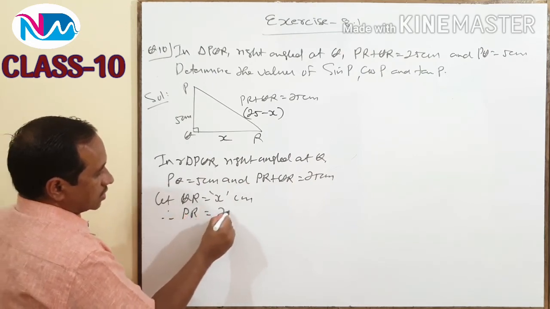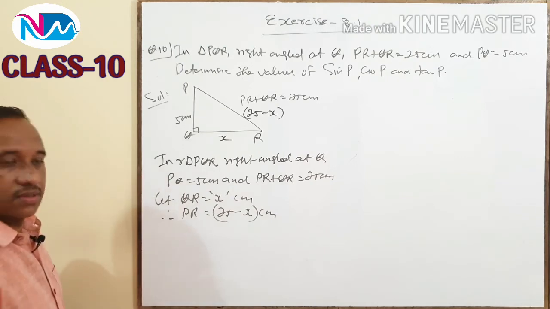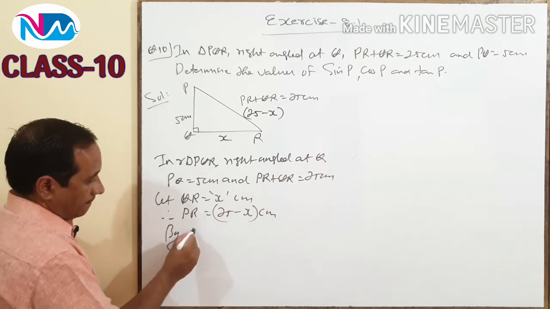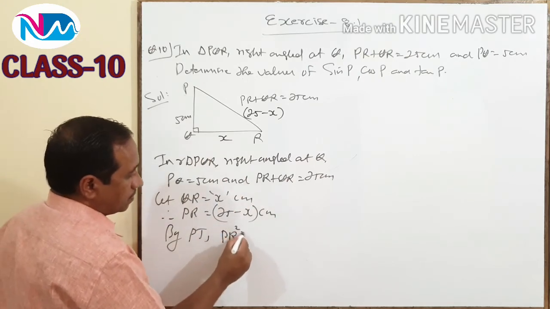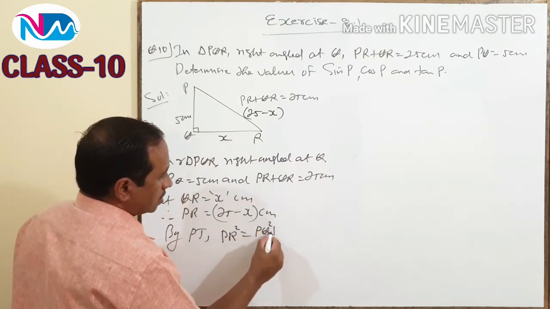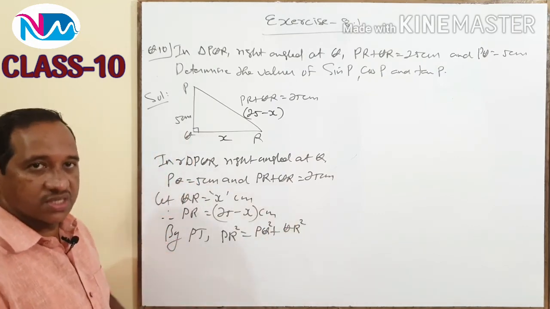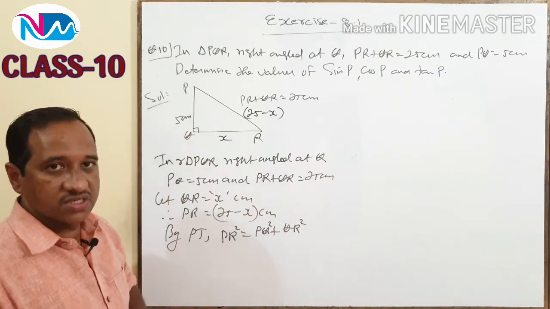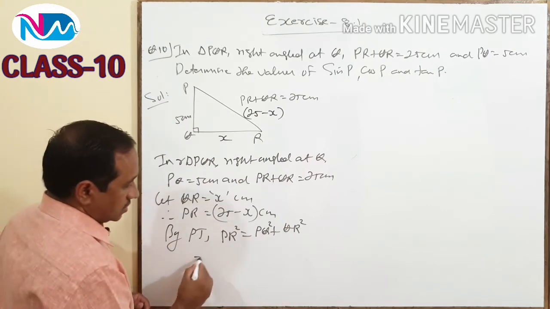Therefore, PR is equal to 25 minus X centimeter. By Pythagoras theorem, hypotenuse PR square is equal to PQ square plus QR square. By Pythagoras theorem, the square of the hypotenuse is equal to the sum of the squares of the other two sides.